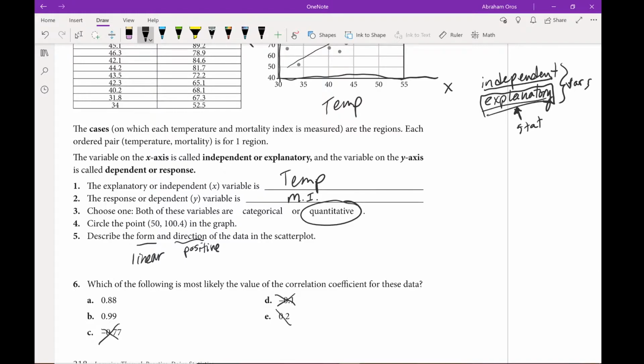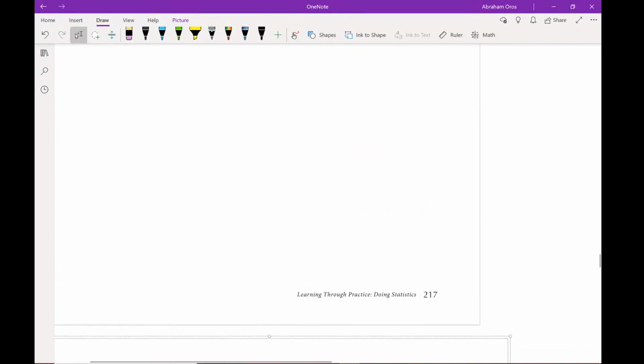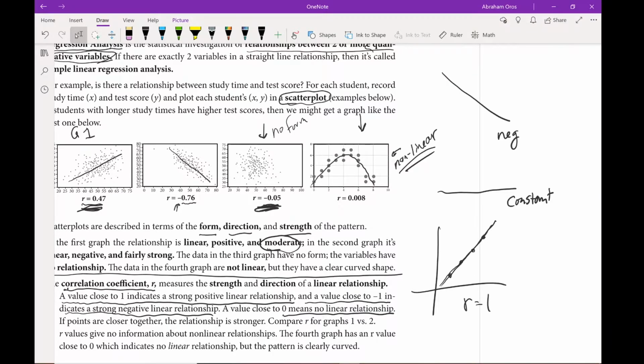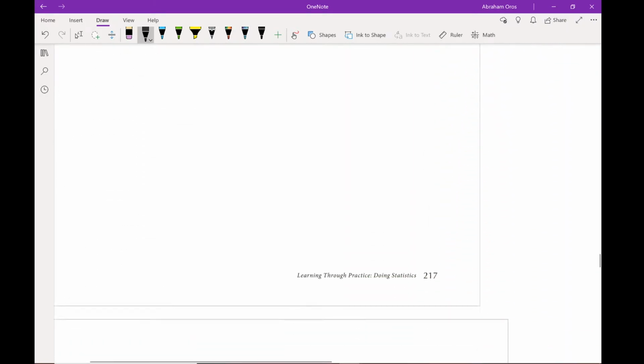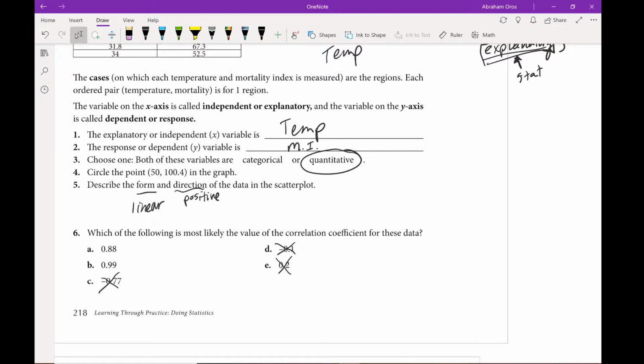So I think we can eliminate 0.2, because that's closer to something in between, and this certainly is not between those two types.